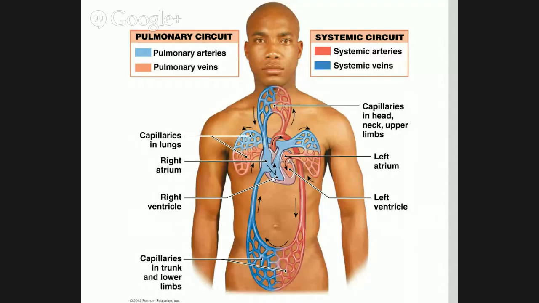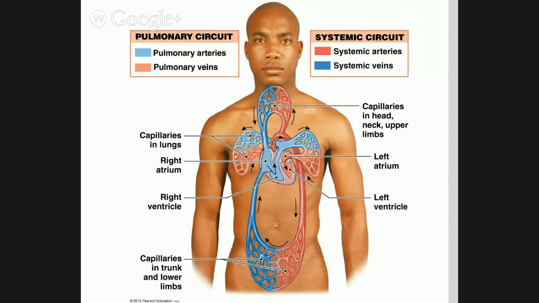And then from the lungs back to the left atrium through the pulmonary veins. And then the left atrium pumps blood through the mitral valve into left ventricle. Left ventricle pumps blood through the aortic valve into the aorta, and then it goes back out to the body.